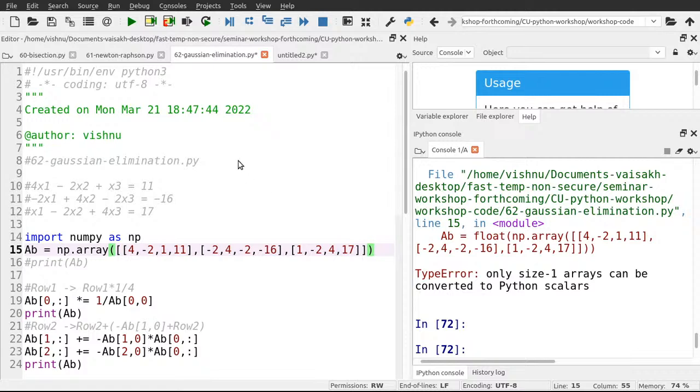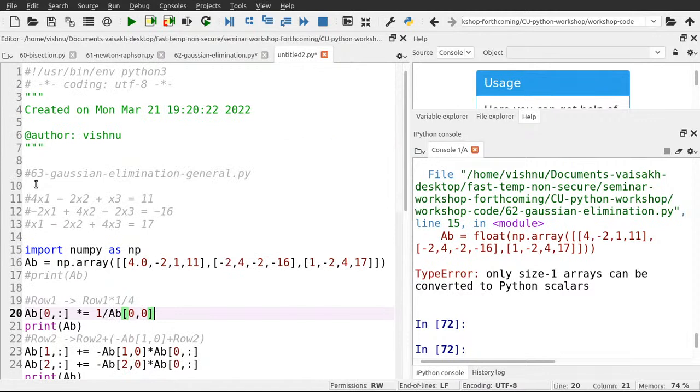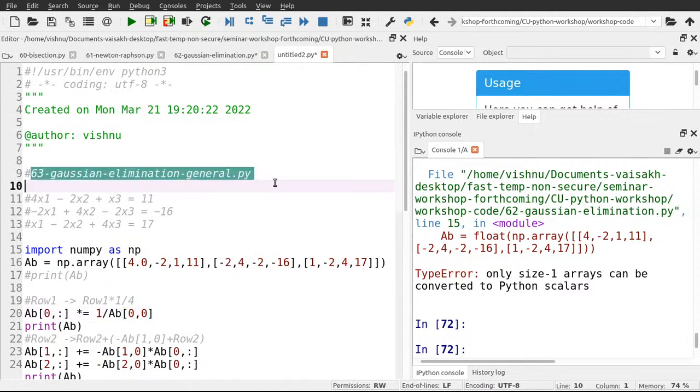Okay. Now trying to write the general program.